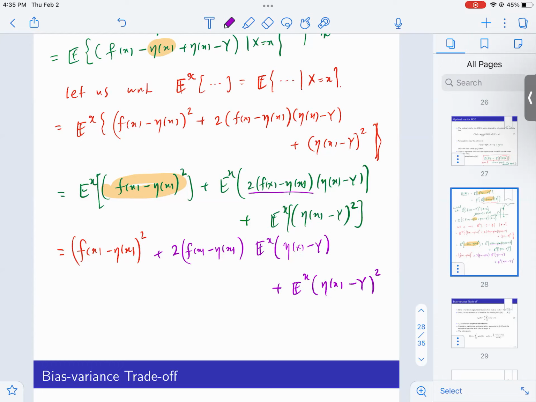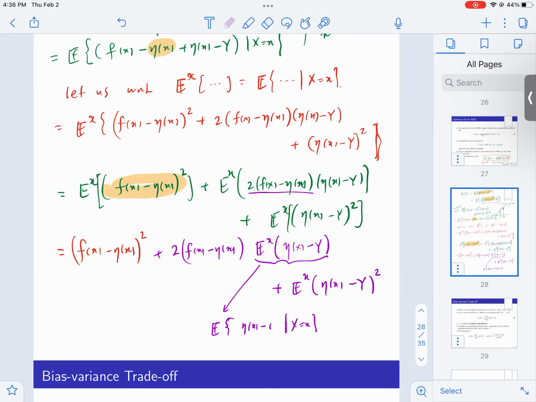Okay, so what is this? Let's see if anyone can tell me what this is. If you expand the notation, this is saying expectation of eta x minus y conditional on x being equal to x, right?